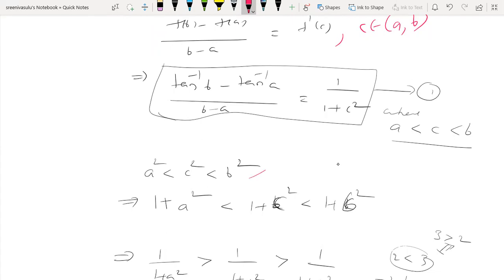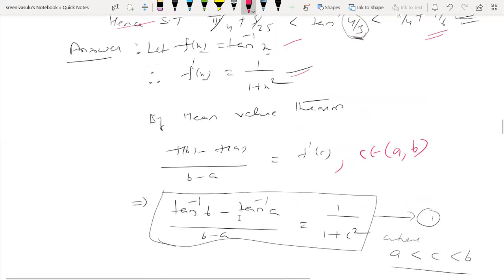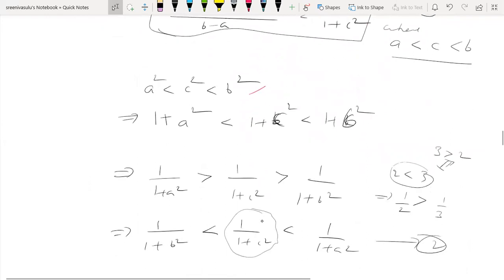Adding any number, either positive or negative, the inequality does not change. So here I am adding 1, because in the denominator of the given expression we have 1 plus b square, 1 plus c square, 1 plus a square. In the left inequality you observe that here we have 1 plus b square, here we have 1 plus a square. So after adding 1, we reciprocate. If you reciprocate the numbers, the inequality reverses.